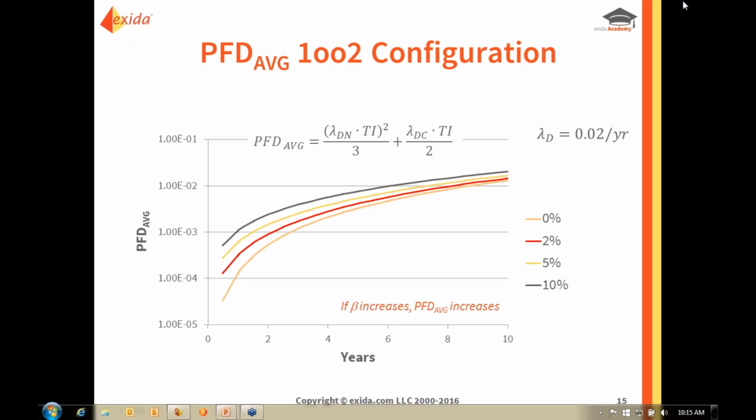So as the common cause factor increases, PFDavg increases. That's exactly what we expect, because common cause is usually detrimental to a redundant configuration. So that's a 1 out of 2, and it behaves exactly as we expect.